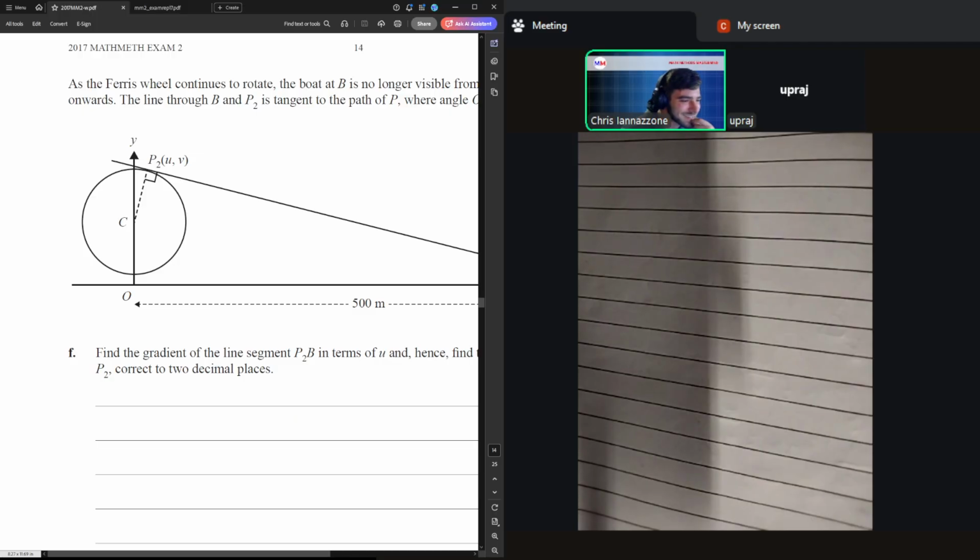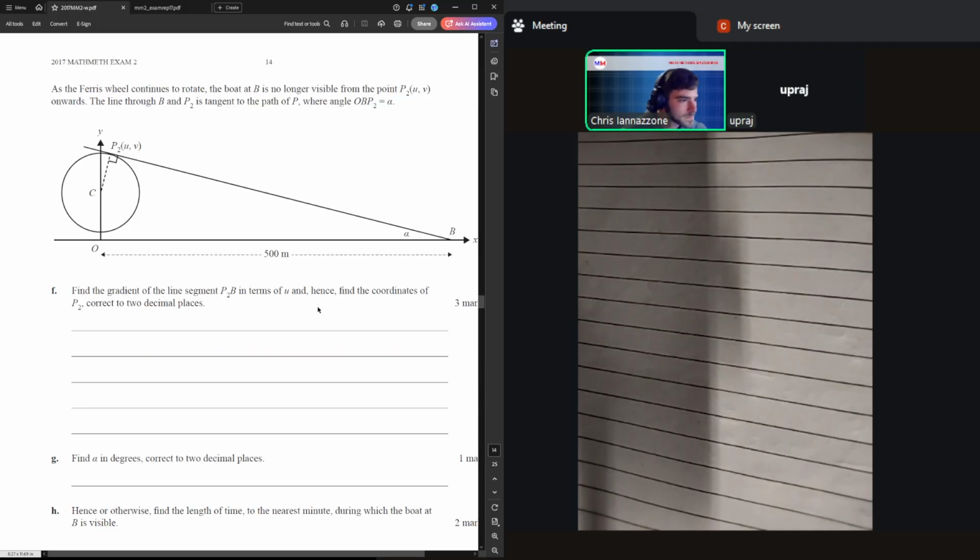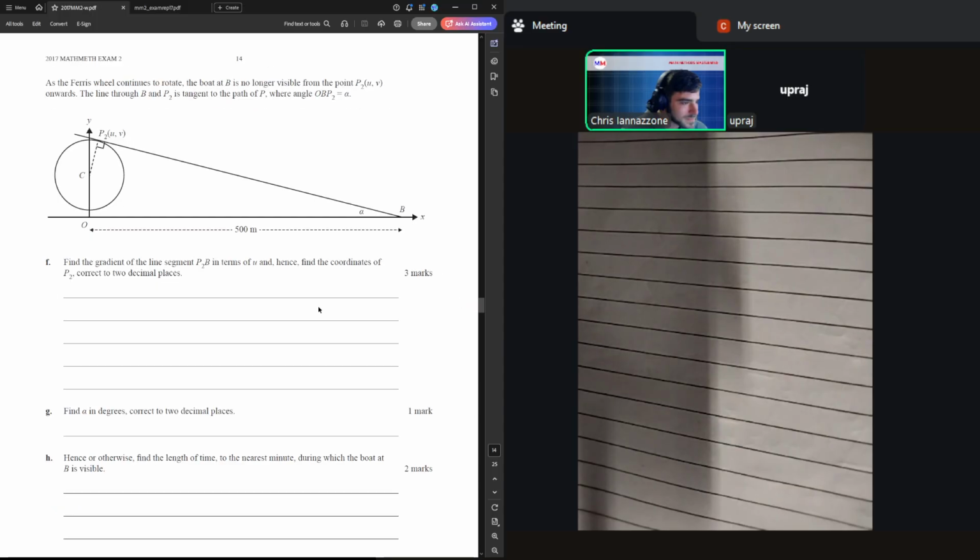8% pass rate. Nice. Well, that's kind of cool.